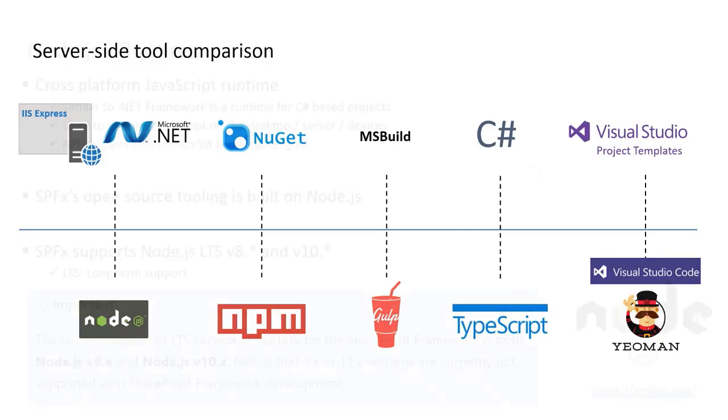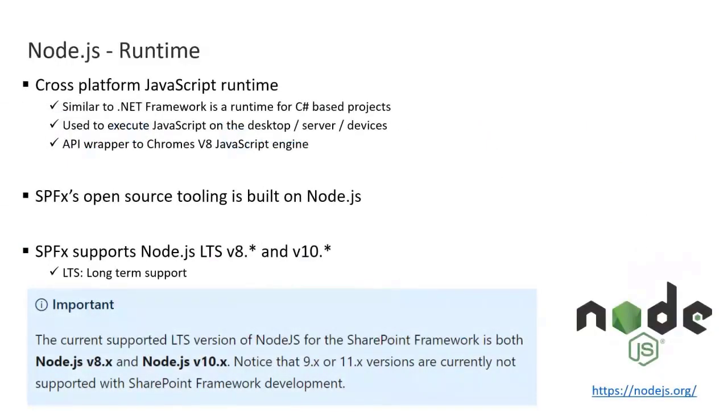But Node.js is a runtime, and a framework as I already told, right? It's a cross-platform JavaScript runtime, similar to how the .NET framework is a runtime for C# based projects. Same like that, we have it in JavaScript, so everywhere, on desktop, server, and devices, you can use it. It's an API wrapper around Chrome's V8 JavaScript engine.